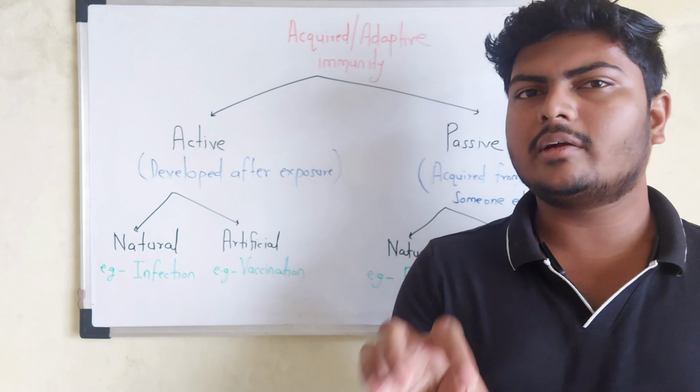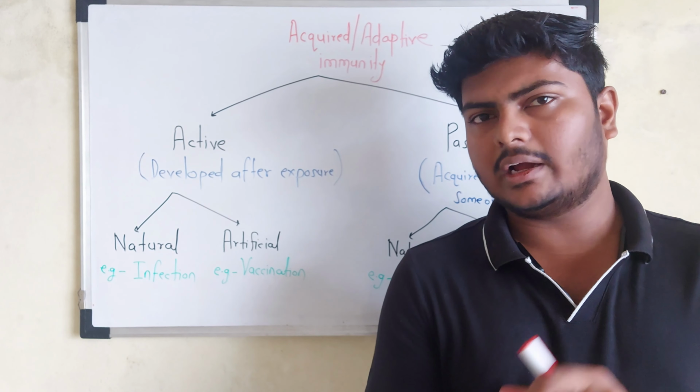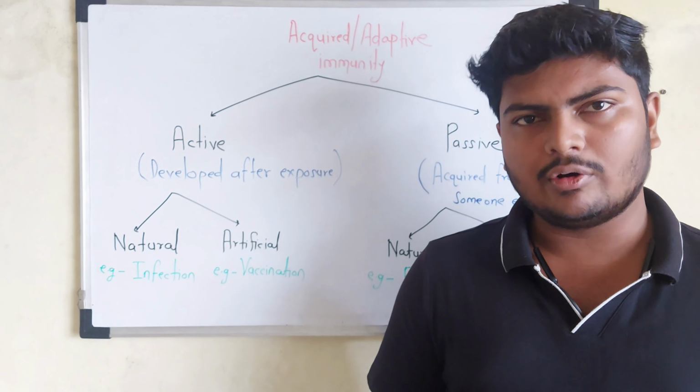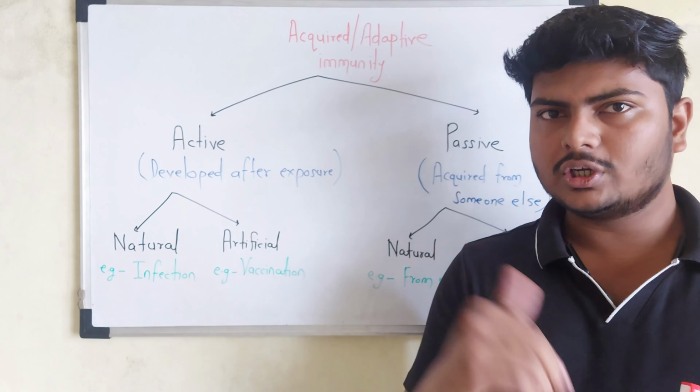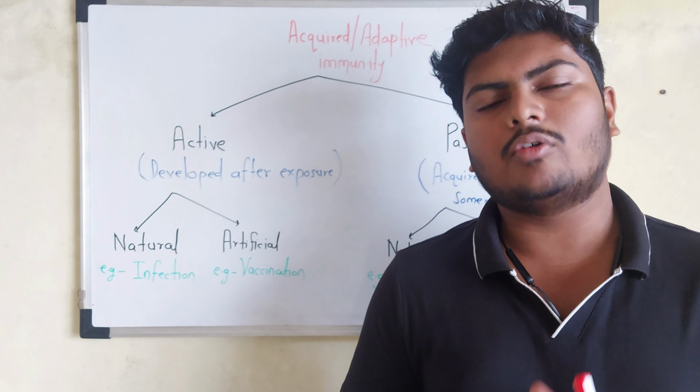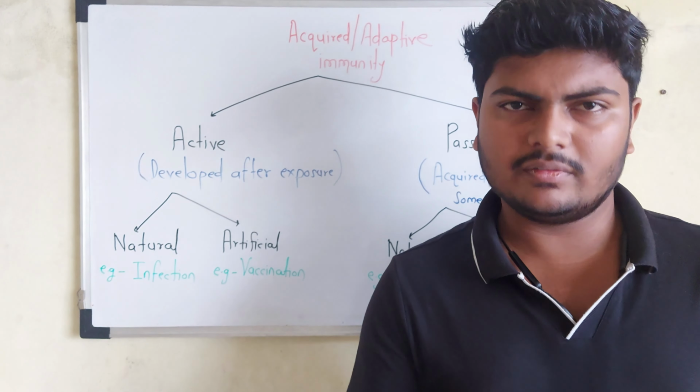For that protection we are taking this major step, so that if in future we get exposed to that particular pathogen, our body already has the antibodies to fight against it.